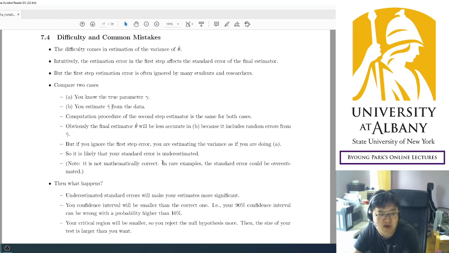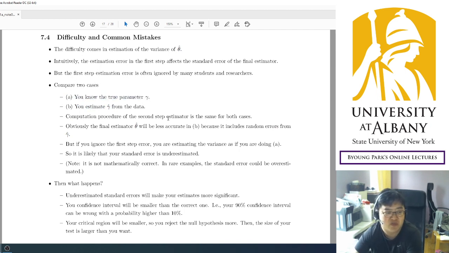One of the rare examples is two-stage least squares. So I'm telling you, in this course, two-stage least squares, like for the instrumental variable, is our main model, but it is not a general model. It is one of the rare examples where you are ignoring the first stage estimator. So case B has smaller standard error than case A, which is really counterintuitive.